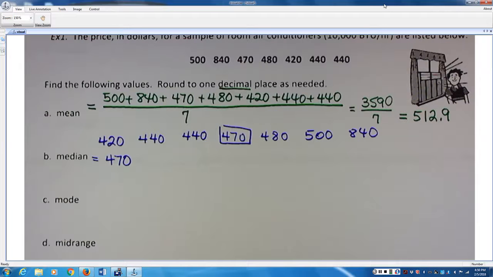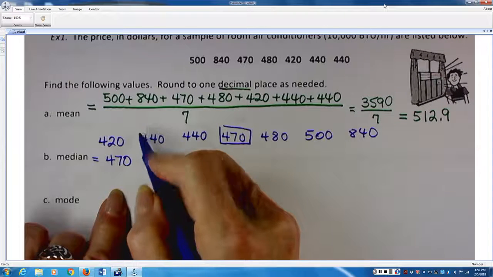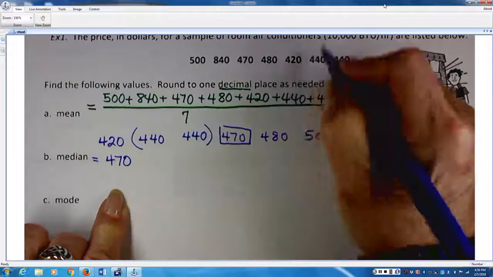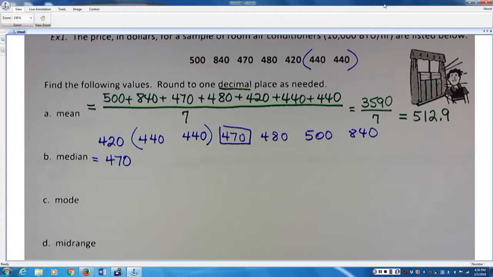The mode, we don't even have to rearrange, although we can see it quickly here. Since there's only 7 numbers, it's easy to pick out the fact that 440 shows up twice.